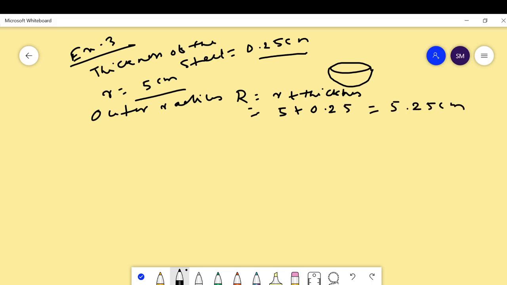Okay, then here we have to find out the outer curved surface area of the bowl.